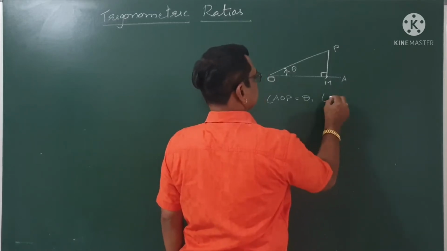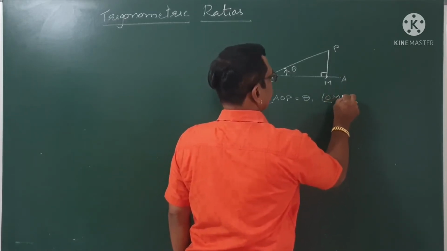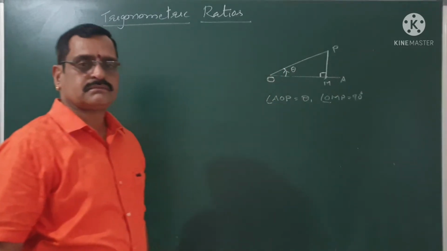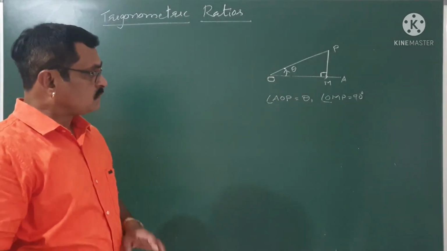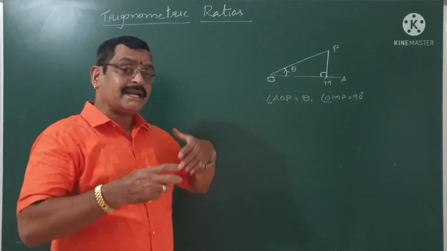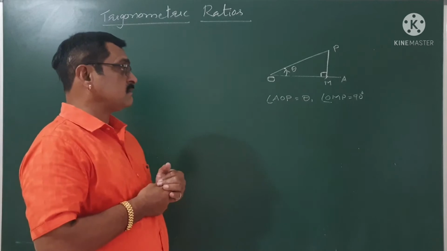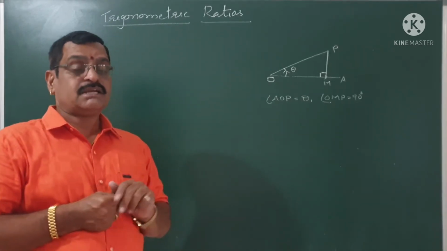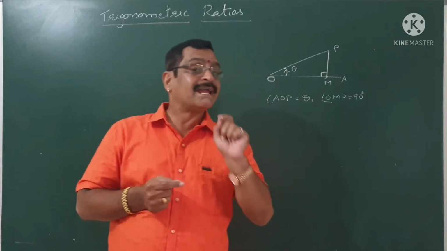Angle OMP is equal to 90 degrees. Now I want to observe the ratio between the pair of sides of the triangle for different values of the angle theta.